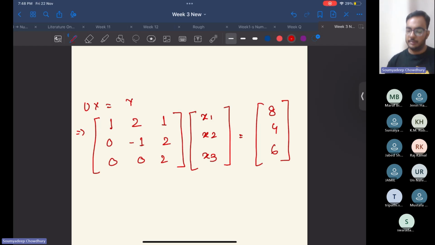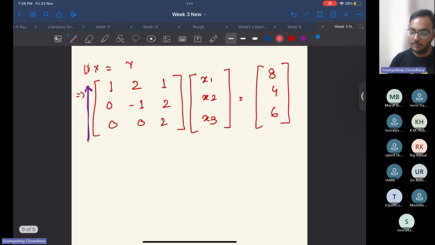So now here we have to do backward substitution, right? Back substitution. That is, we have to go from bottom to the top. Whenever there is L matrix, remember we have to do the forward substitution, that is, from top to bottom. Wherever there is this upper triangular matrix U, you have to do the back substitution. So from the last row, 2x3 equals 6, x3 will be equal to 3.